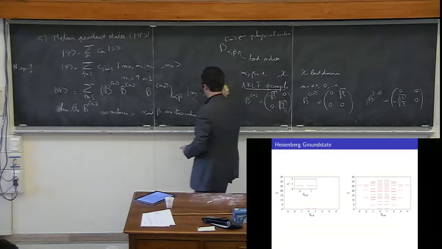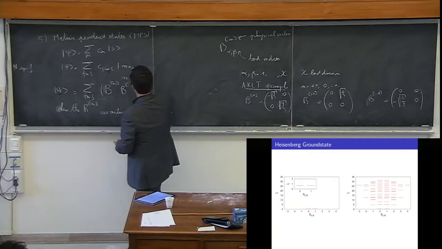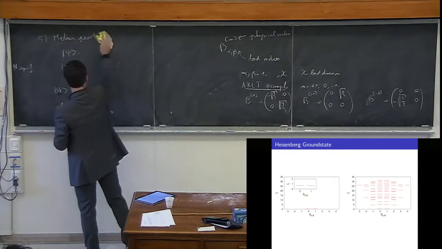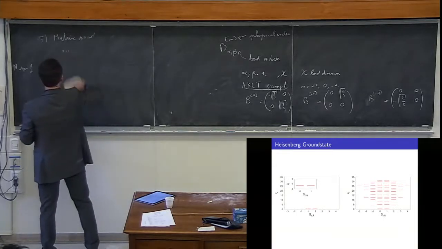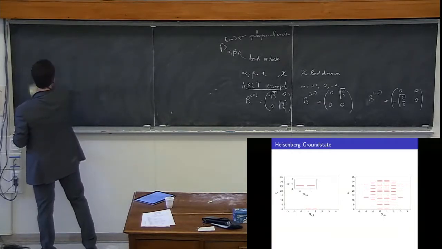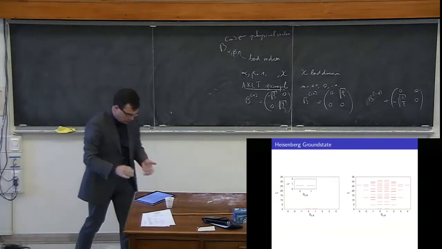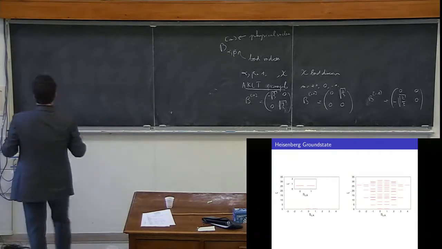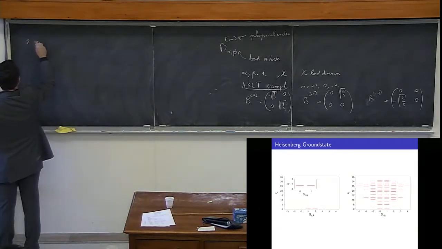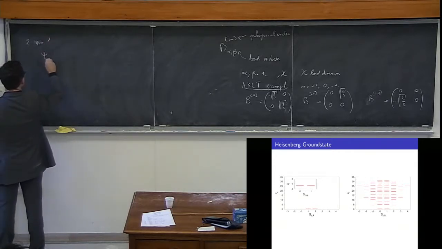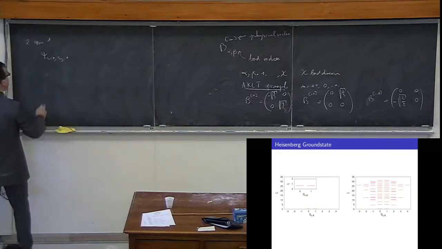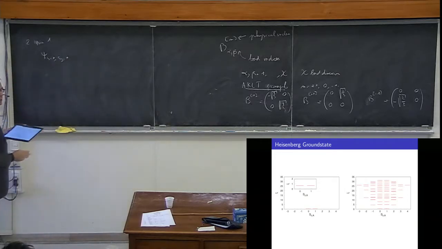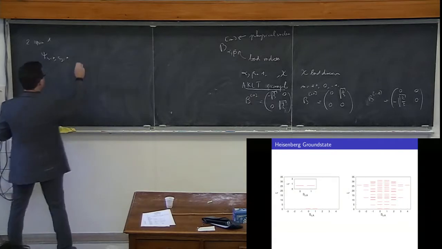Just to convince you that I'm not lying here, for 2 spin 1, you can look at the ground state of the AKLT in the triplet sector with S equal to 1.